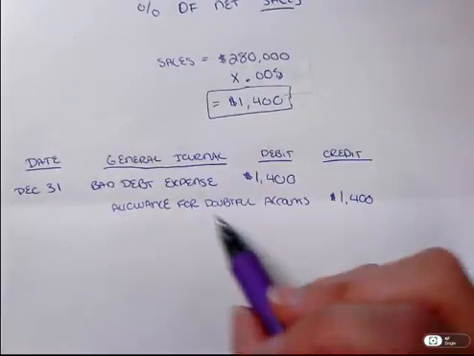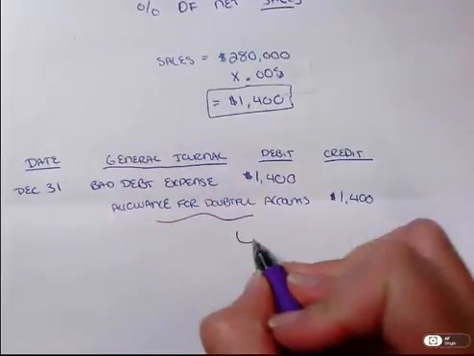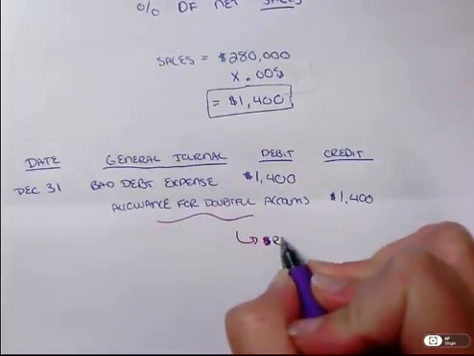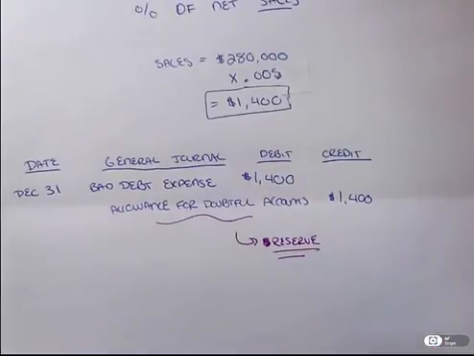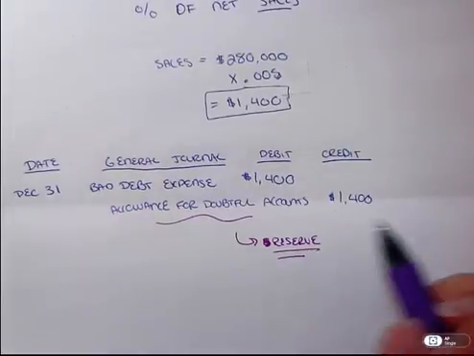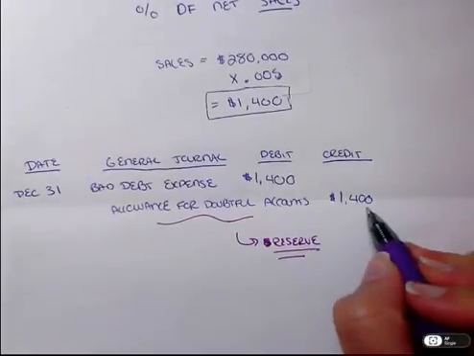And then the allowance for doubtful accounts is the account. This is the reserve account for how much that we don't expect our customers to pay. And that reserve account will have an addition, because we're going to add to it $1,400.